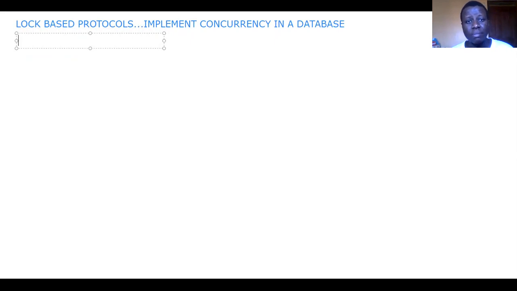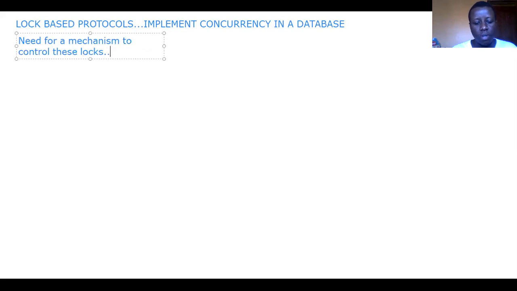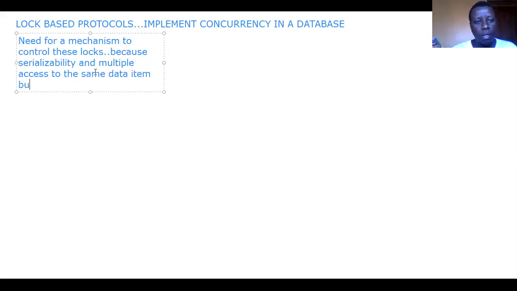So multiple transactions may request a lock on a data item simultaneously. Hence, there is need for a mechanism to control these locks because of serializability and multiple access to the same data item by various transactions.